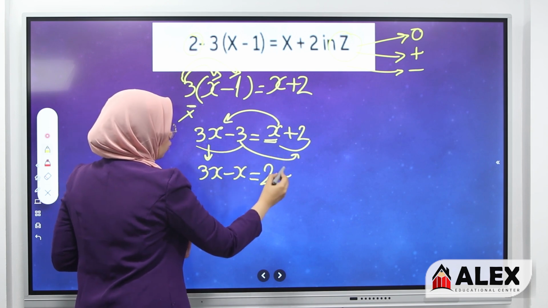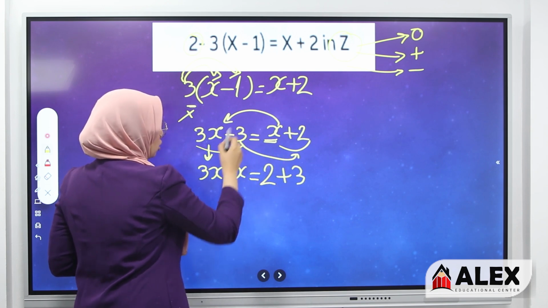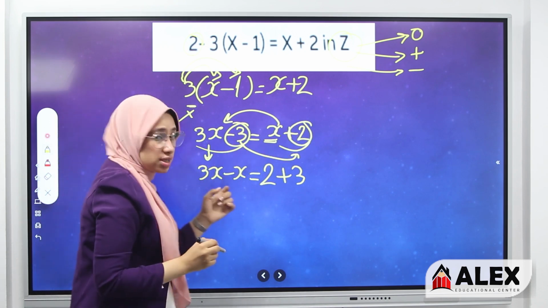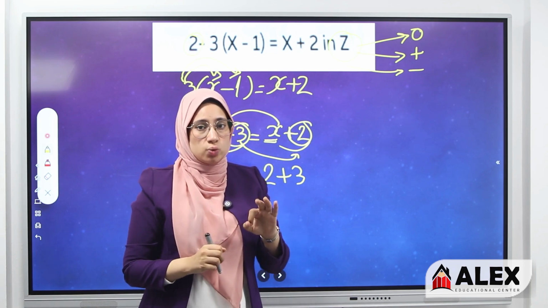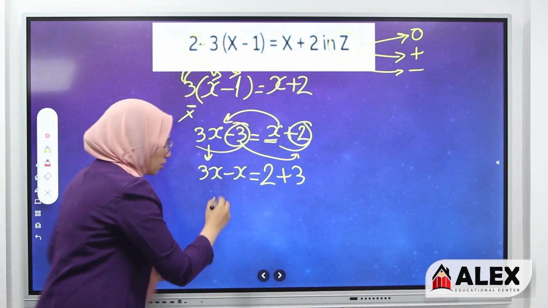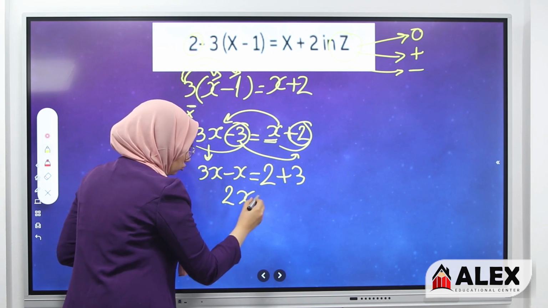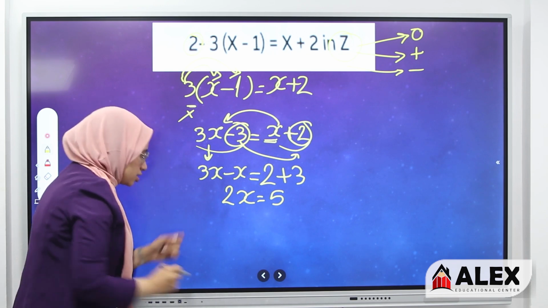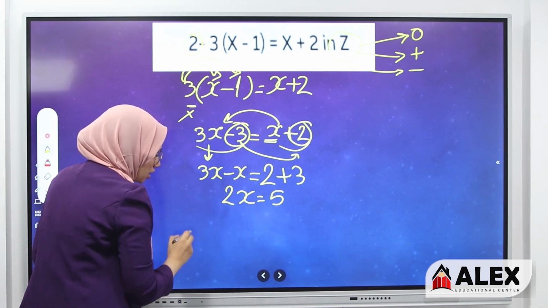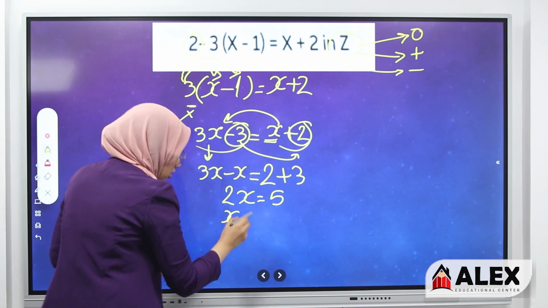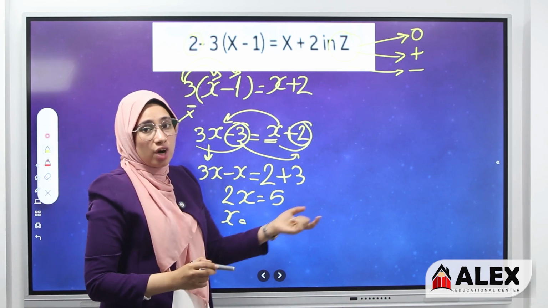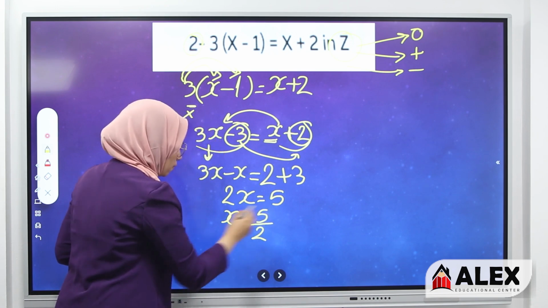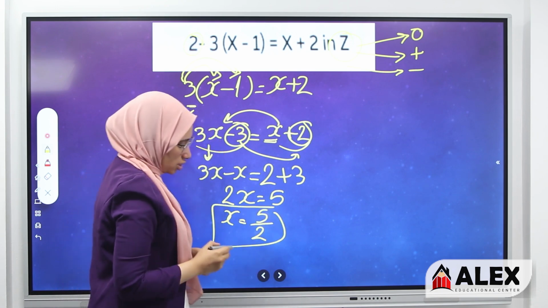Negative 3 becomes 3. So I put the numbers with numbers and x with x. 3x - x, we take just 1x, becomes 2x. 2 + 3 equals 5. 2x means 2 times x. But then the 2 becomes what? Divided, then 5 divided by 2. This is the value of x.